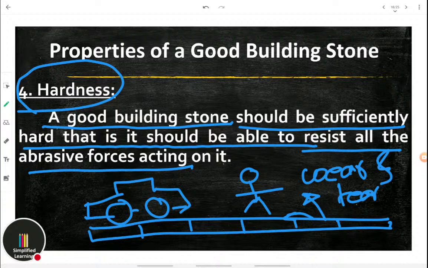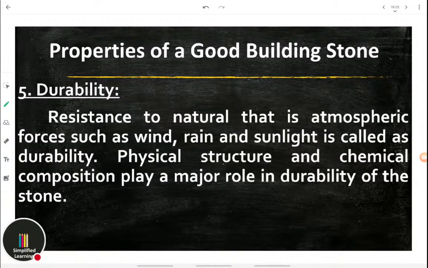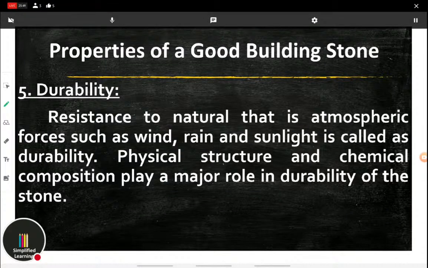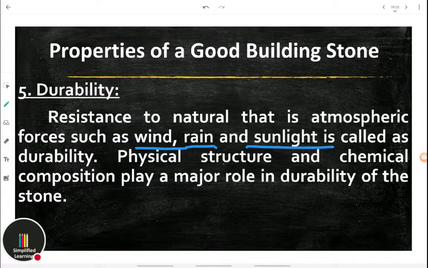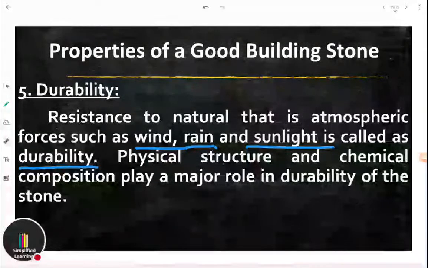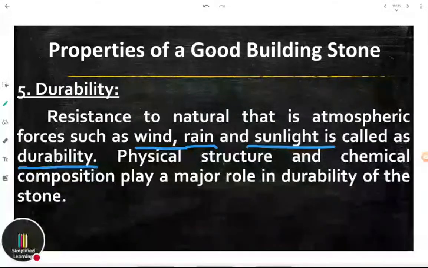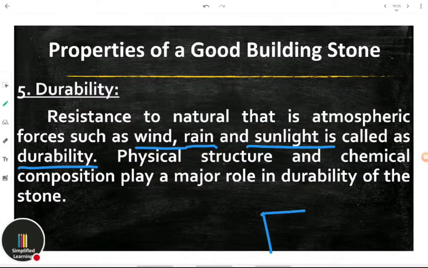Okay, let's check out the next property. Durability. When we are saying that a stone should be durable, it means that it should withstand all the atmospheric forces, such as wind, rain and sunlight. All these forces eventually cause weathering of the stone. For example, let's keep a stone outside.